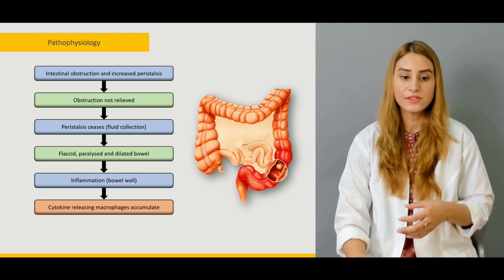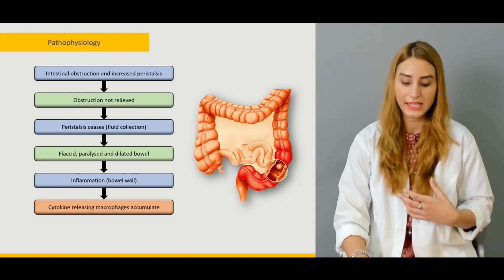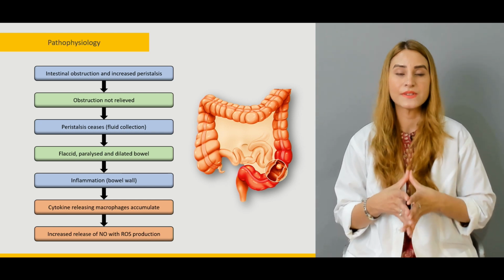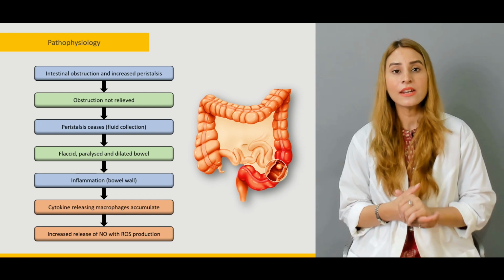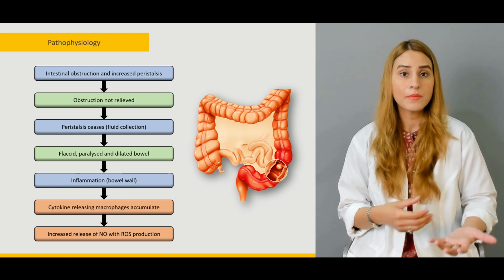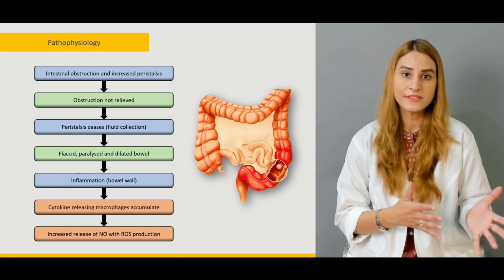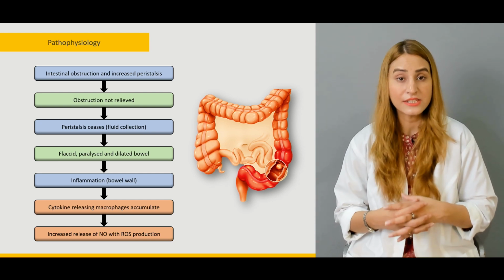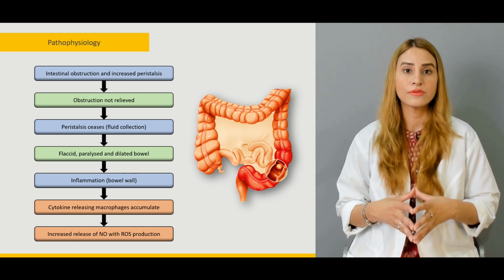You can see here cytokines being released, and the macrophages accumulate, and then they lead to the formation of nitric oxide and reactive oxygen species, which are basically free oxidative radicals. And all of these actually start an inflammatory cascade as well. Also, whenever the arterial supply is compromised, there's strangulation, and then ultimately it leads to gangrene of the gut. So it is very important to relieve the obstruction.